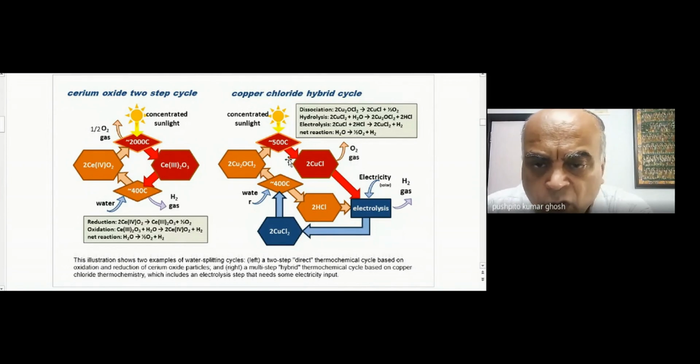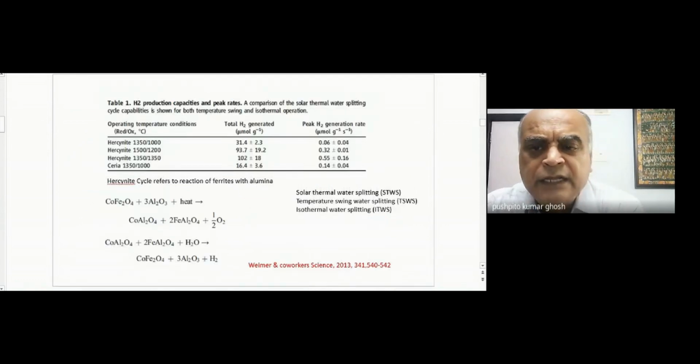Even here, although it's not much, still some amount of heating and cooling is involved. So people have been trying to see if there is any system where you might be able to do it under an isothermal condition. That is, you don't change the temperature in this process.